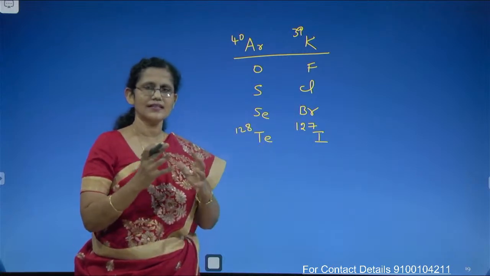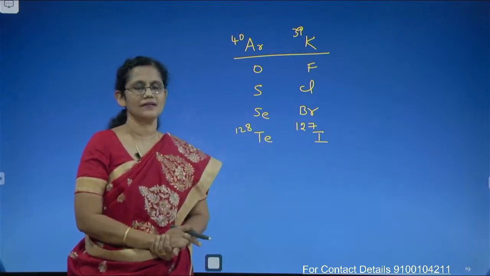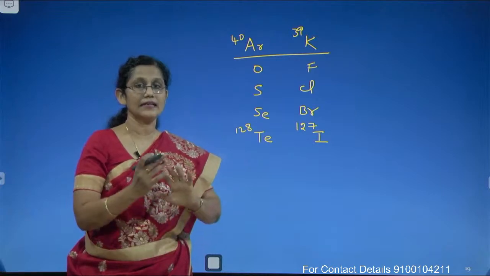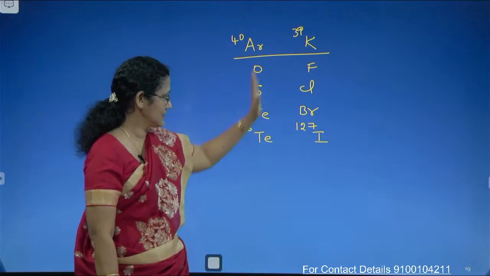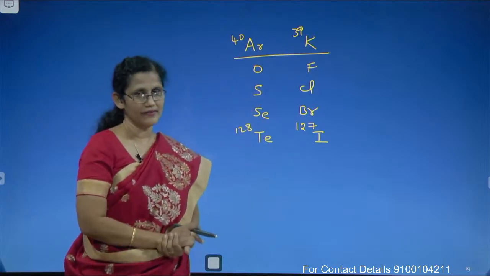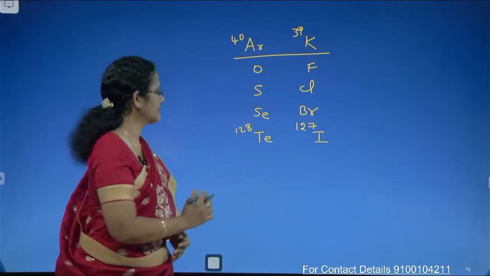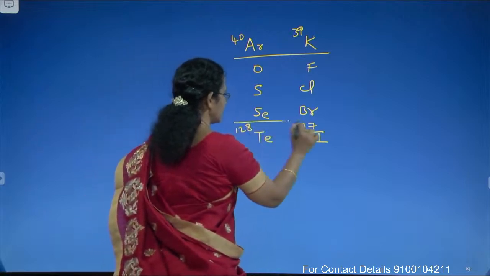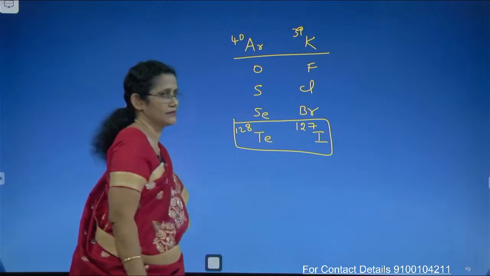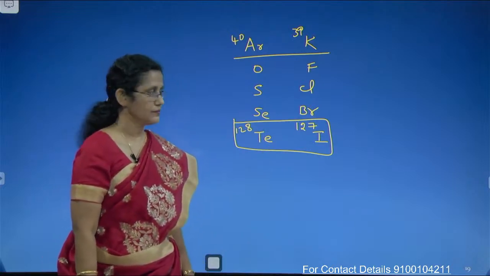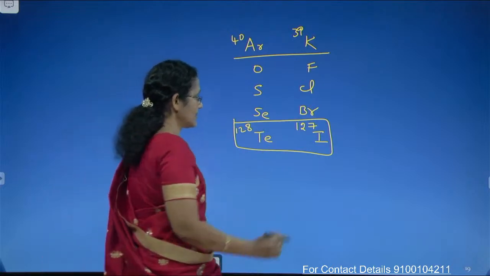Like that, here and there in this periodic table, there are certain inverted pairs. Instead of increase, there is a decrease in atomic weight, that is called inverted pairs. What are these inverted pairs? Tellurium iodine, argon potassium. Now, what are other pairs?